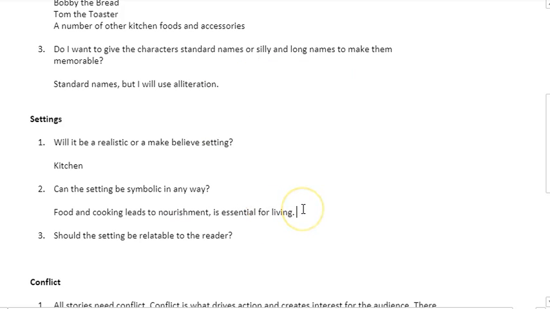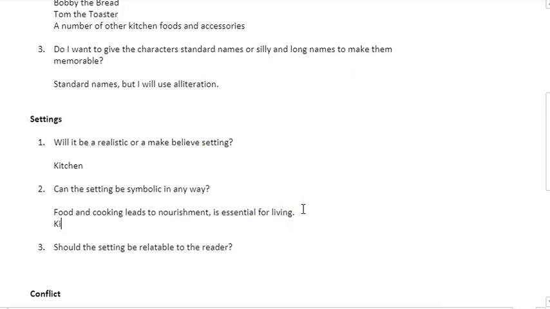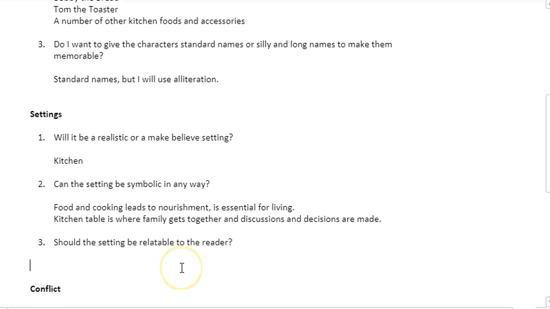We always hear about the kitchen table, where family gets together and discussions and decisions are made. So it's got that whole sense right off the bat that if your family's together, those are the people you should trust.